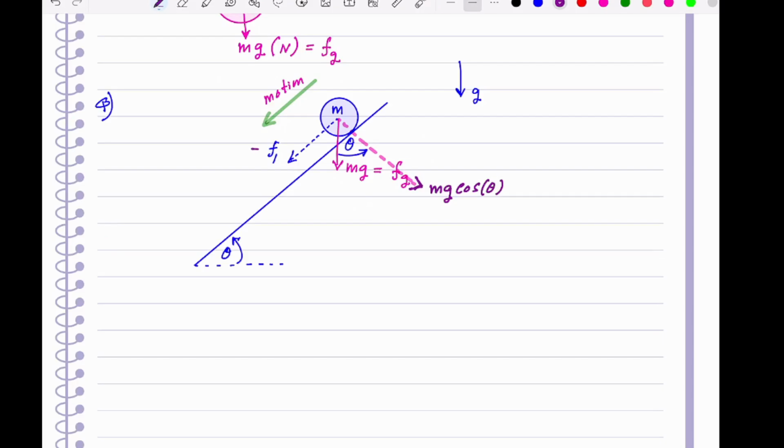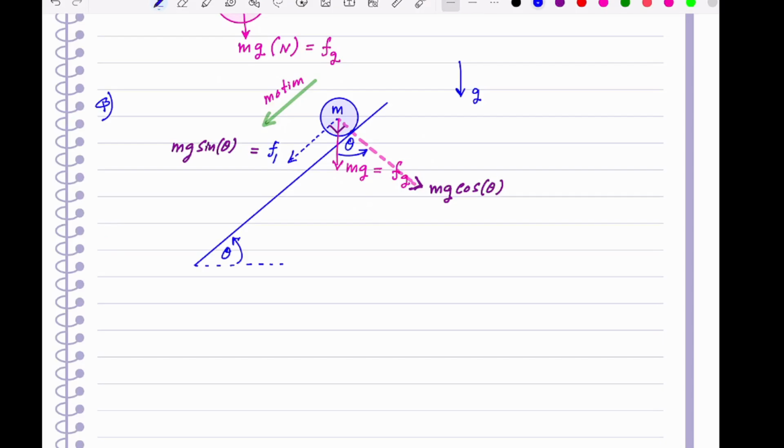Then F1 is nothing but mg sin theta. Now these two forces are perpendicular to each other. That's how we resolve, right? So now you can see F1 is mg sin theta.